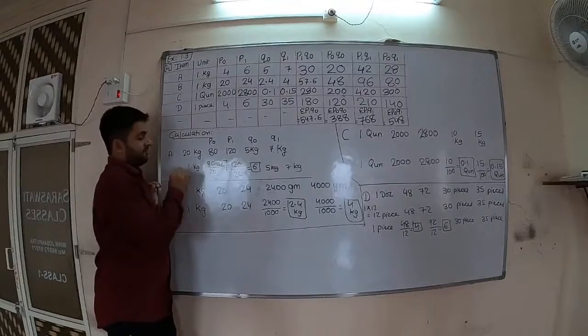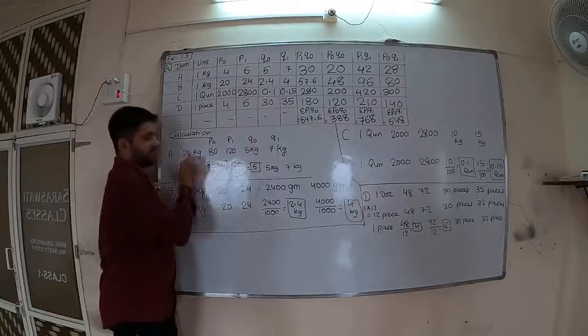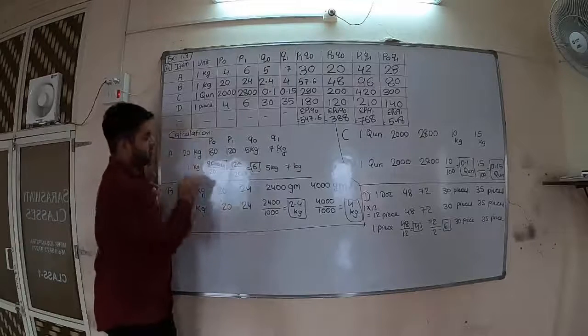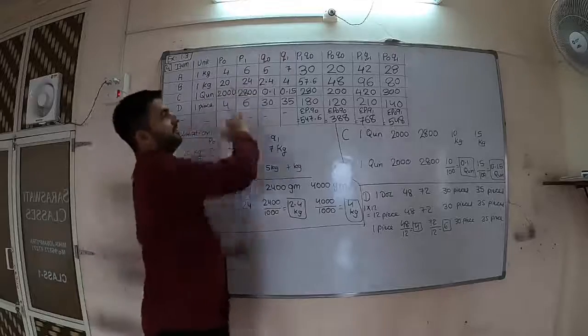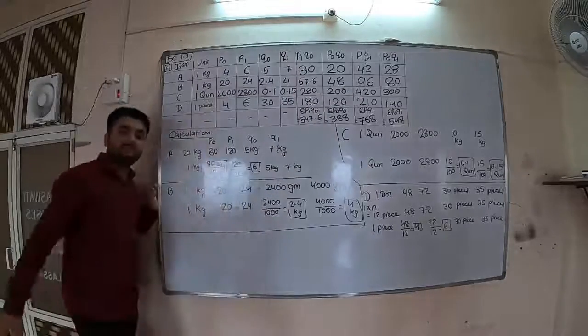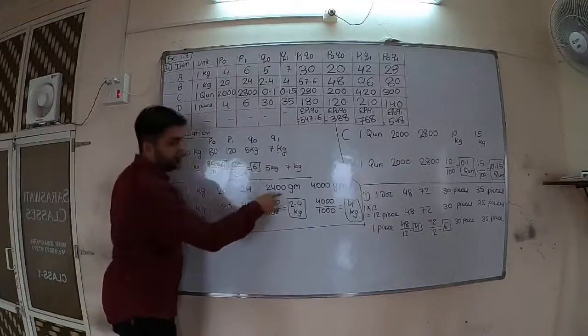But the unit is not 1, so 1 kg. Then divide the price by the unit: 80 by 20, or 120 by 20 is 6, 5 kg, 7 kg. So kg, kg, kg and the unit is 1. We have done the calculation. Okay? Yes, item B: 1 kg, 20, 24.